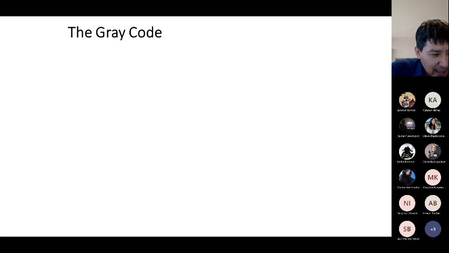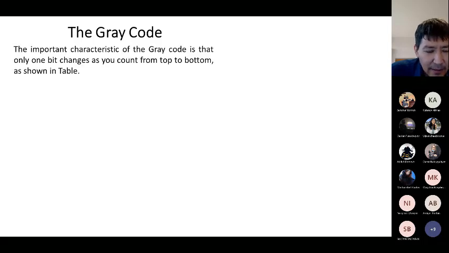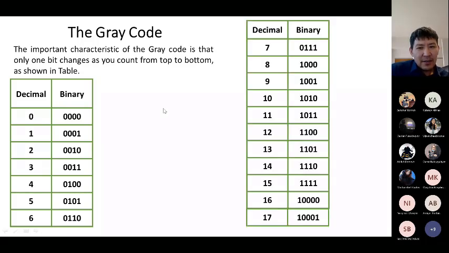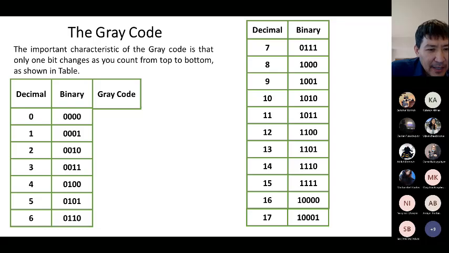So guys, I want to show you some example. Do you remember the gray code? Let me remind you: the important characteristic of the gray code is that only one bit changes as you count from top to bottom, as shown in the table. Look, guys, this is decimal and this is binary, right? Let's compare binary and gray code.